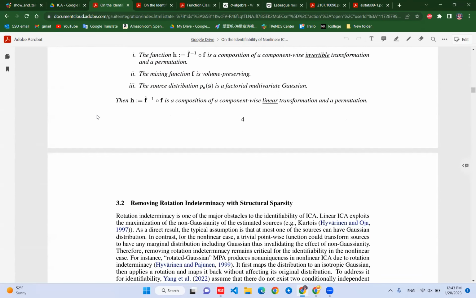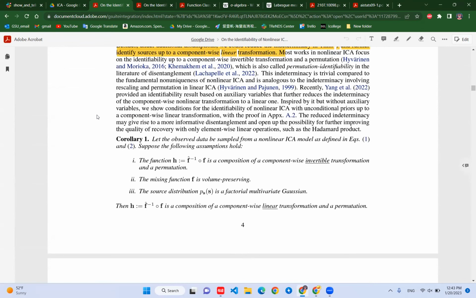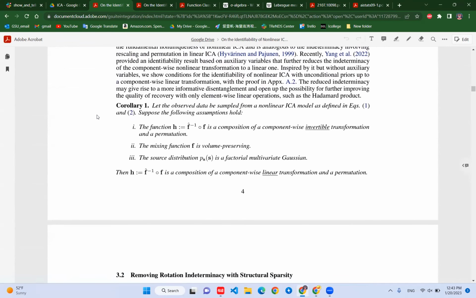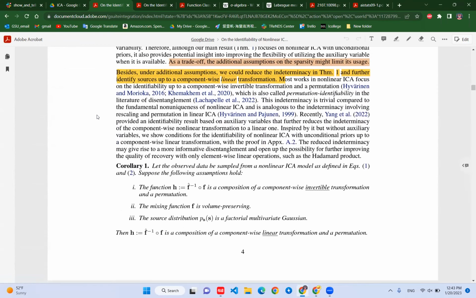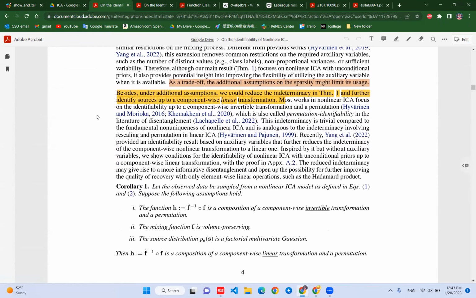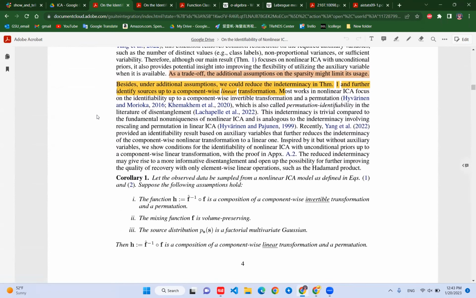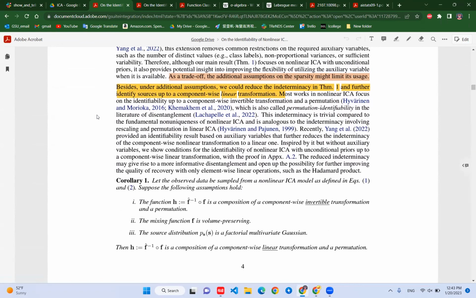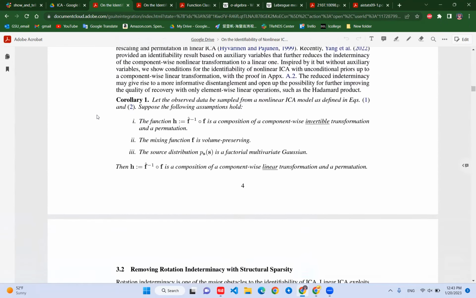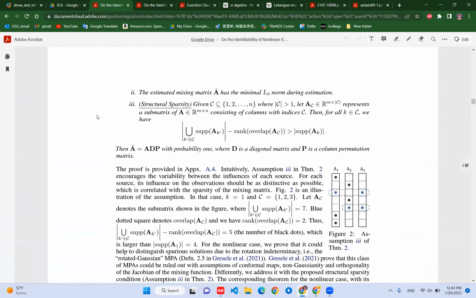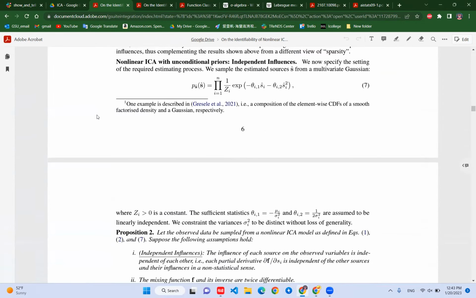It's right under that figure. Look at this, the source distribution, the assumption 3. So they're looking at the source distribution as a factorial multivariate Gaussian. Factorizable, or what do they mean by factorial? Independent, spherical. Do you know, Rogers, what they mean by factorial multivariate Gaussian? Oh, so spherical Gaussian.